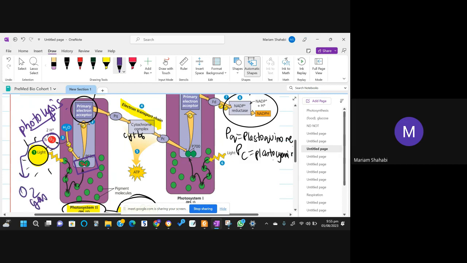Photolysis की वजह से oxygen निकलती है as a waste product. So जो इसकी electron deficiency थी वो पूरी हो गई by the photolysis of water. Moving on. So electron transport chain से eventually the electrons that were lost from photosystem 2, they reach photosystem 1.